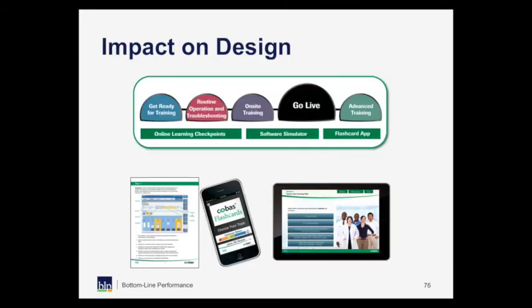So how did that all come together? After doing all of that analysis, we developed a multi-phased training approach. That get ready for training in the blue there on the left was actually some pre-work. It was a pre-work e-learning course that went out, and that covered a lot of the foundational knowledge about the machine, sort of their orientation to the machine that wasn't getting saved now for that in-person course.